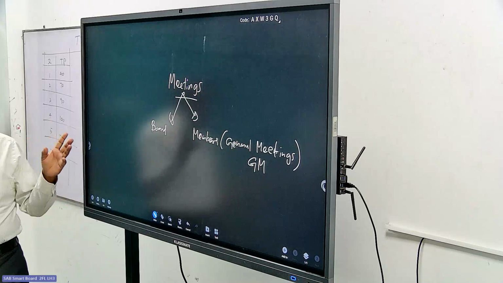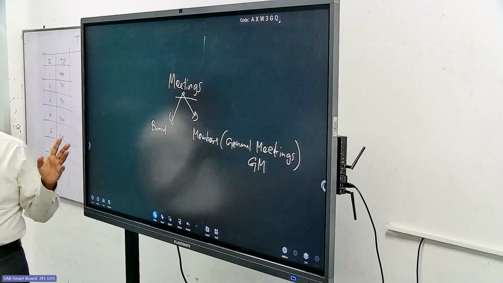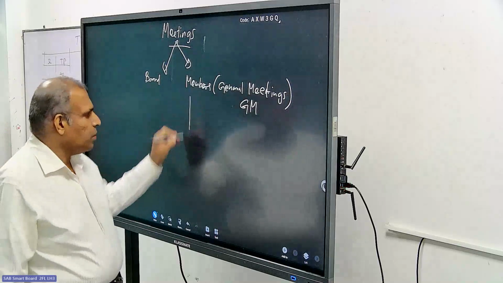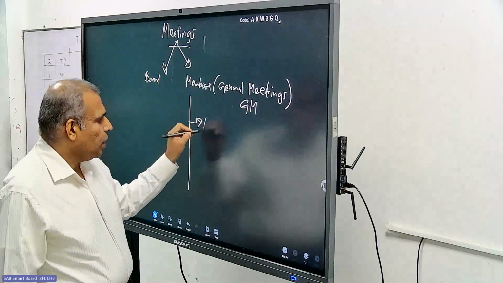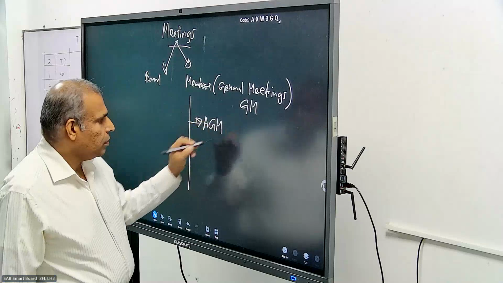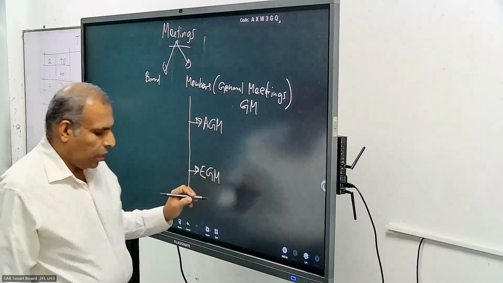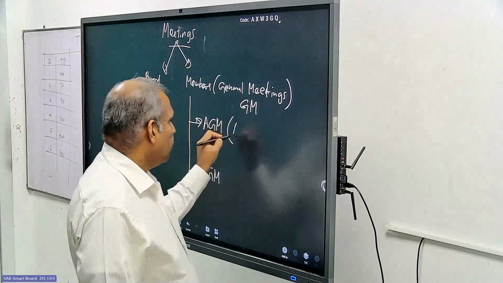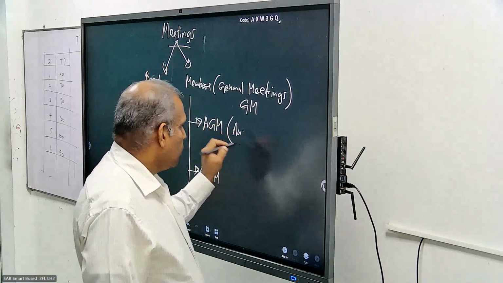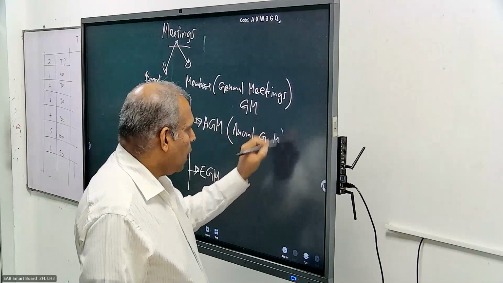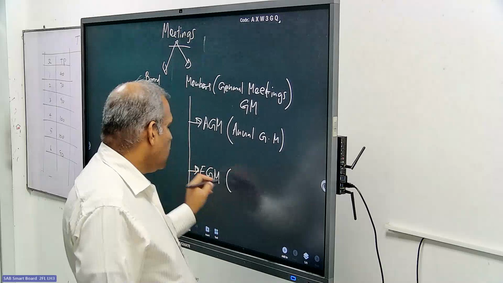In this topic, actually, we are going to discuss about the members meeting. When we consider the members meeting, or general meetings, there are two types of general meetings: AGM and EGM.